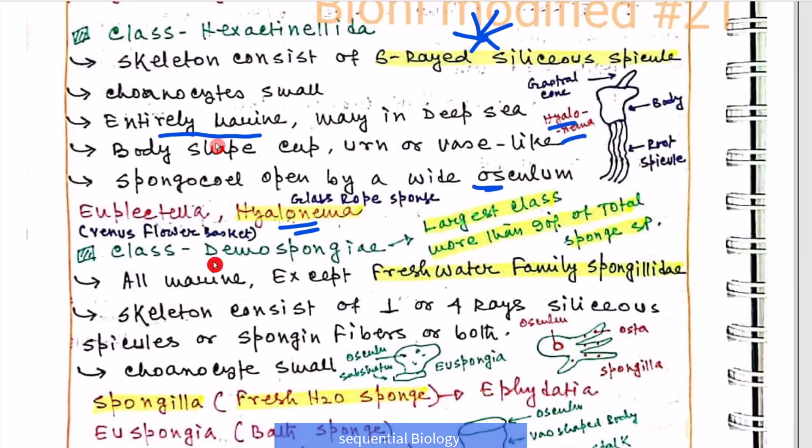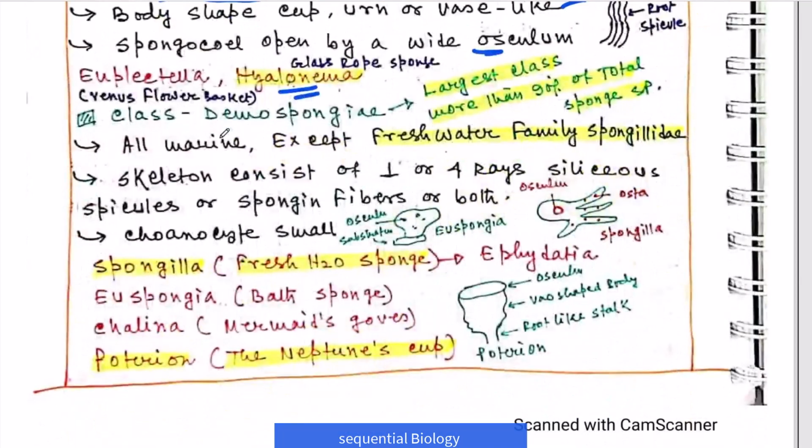And the last class is Demospongiae. Demospongiae is the largest class, and more than 90% of the total sponge species are included under class Demospongiae. They are all marine, except the freshwater family Spongillidae. Most representatives of this phylum are marine; only the family Spongillidae, included under class Demospongiae, is freshwater.